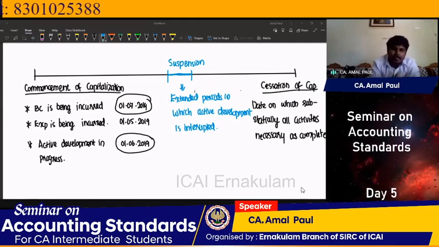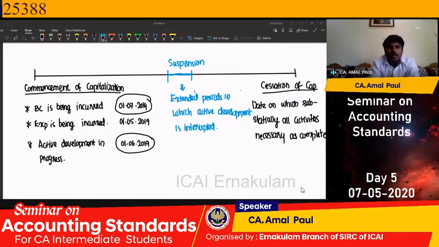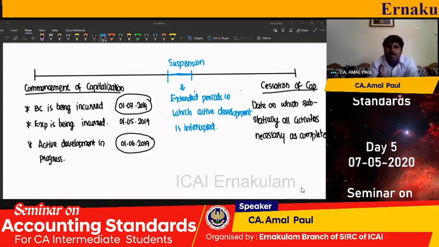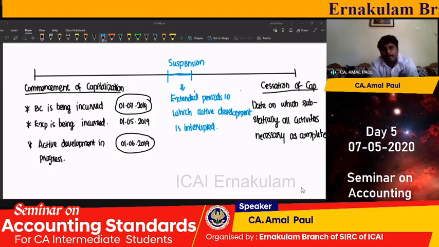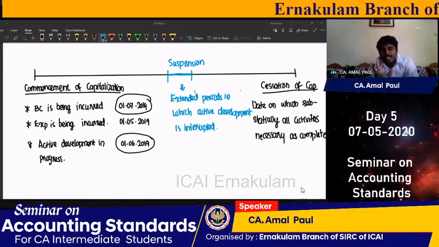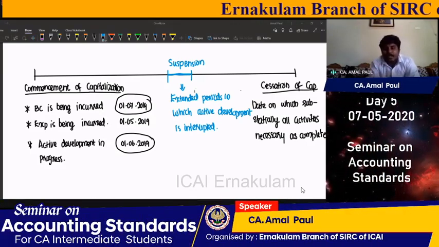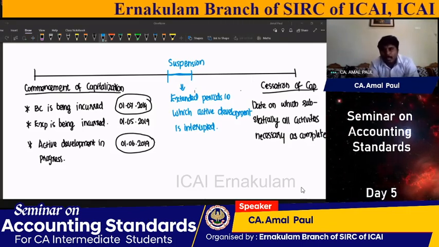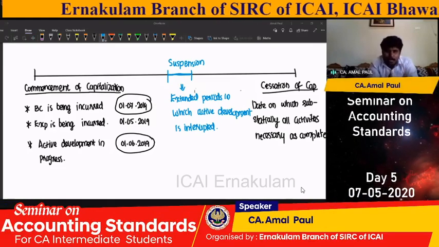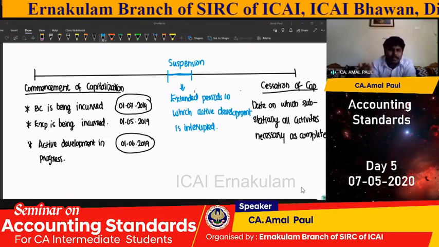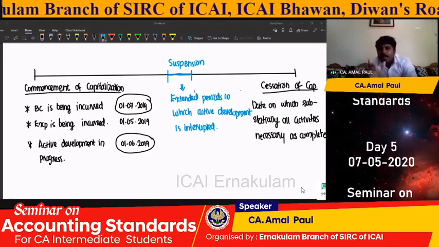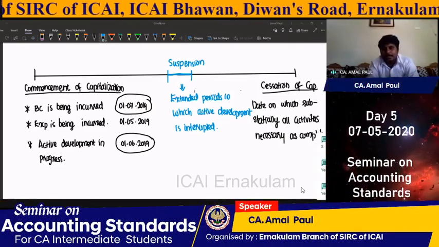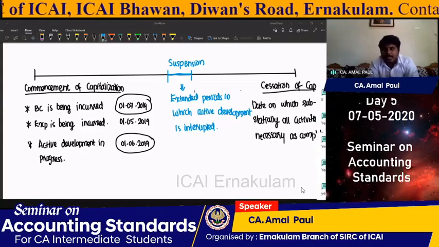Some period there is some lockdown, some period the work has not been done. In those periods we cannot capitalize the borrowing cost. So that is your suspension of capitalization. Are you clear with these aspects? When to start capitalization, when to end capitalization, and at which point we should suspend the capitalization. Are you clear with this?